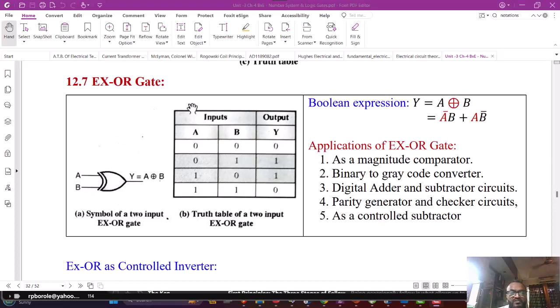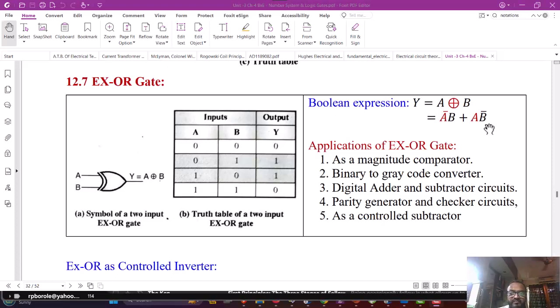Now if you see the truth table, when A is equal to 0 and B is equal to 0, Y will be 0. You can substitute these A and B values in this Boolean expression. So in the first case, if you say A equal to 0 means A bar is equal to 1 and B is equal to 0 means this A bar B is already 0.